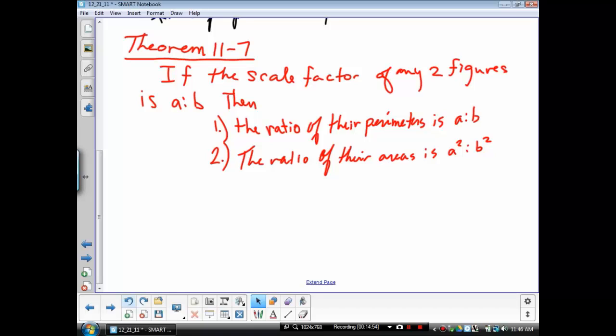Now, a little bit of the reason behind this. If you have two figures that are similar, it does not matter what those figures look like.